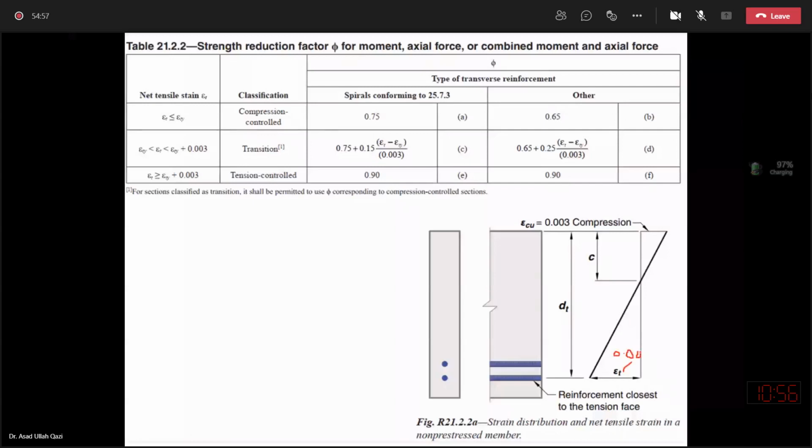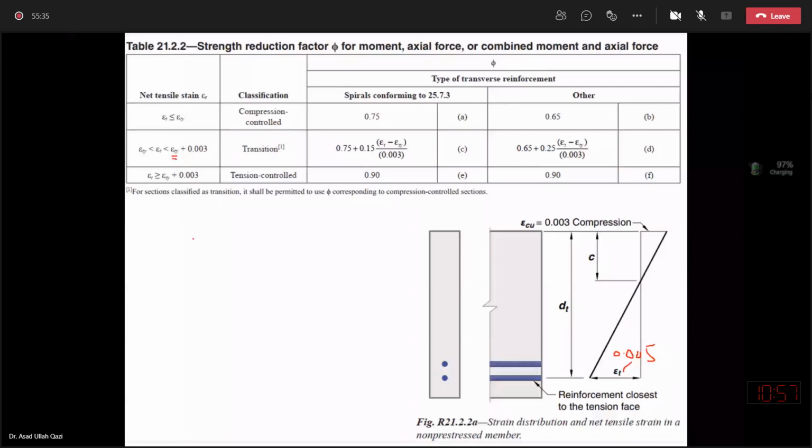Now this strain diagram, as I have discussed with you based on the previous publications, 0.003 versus 0.005, what they have now suggested, because in the current code they are allowing higher grade steel bars in the flexural members, 520 grade and above. So for that purpose, now what they are recommending, that for all steels, determine the yield strain. For example, for 520 grade, first determine the yield strain.